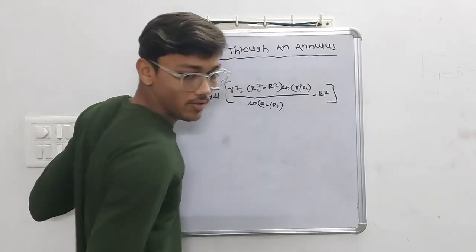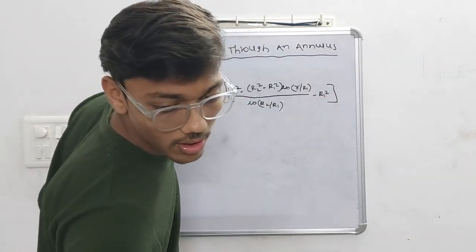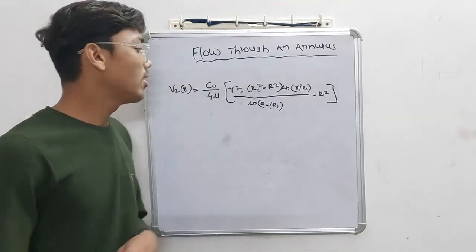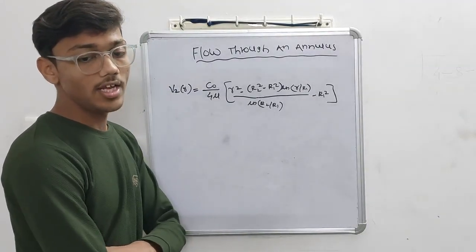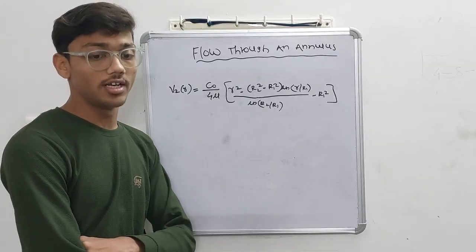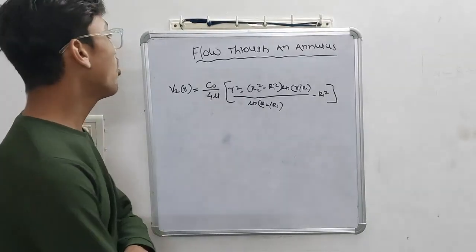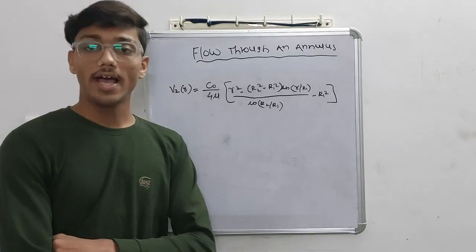So this is our final velocity profile. This is the typical velocity distribution in an annular region. So we have solved the question of flow through an annulus.